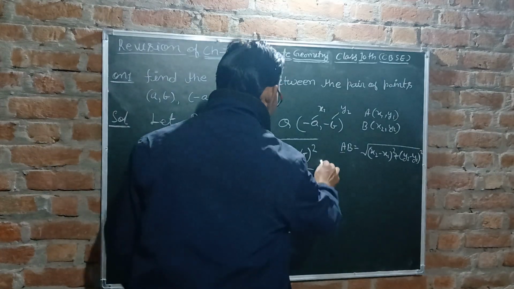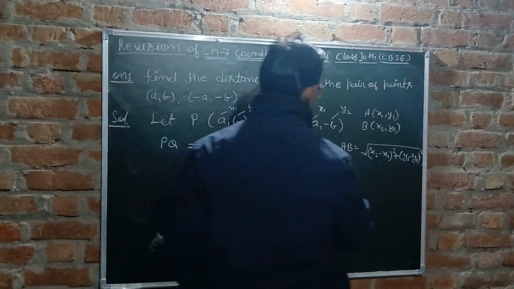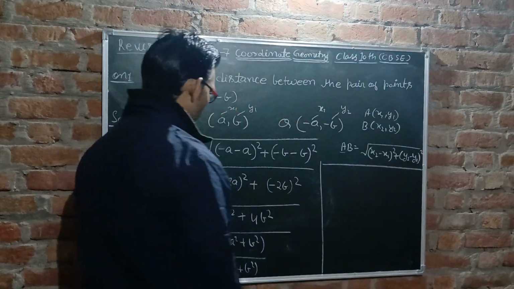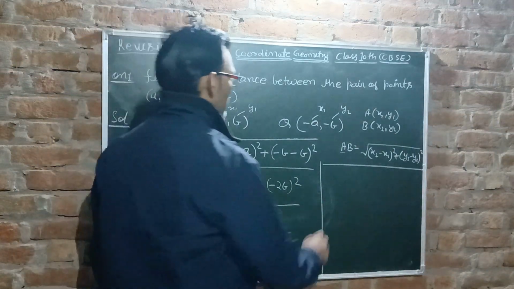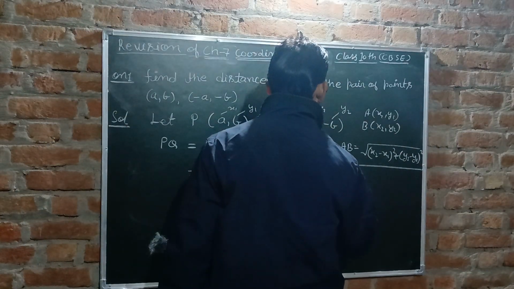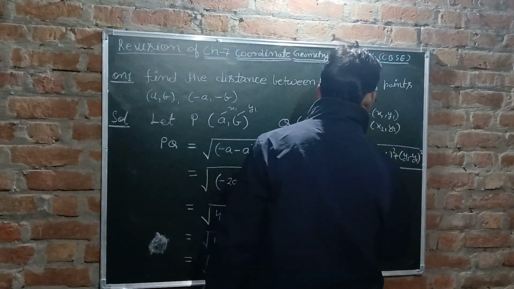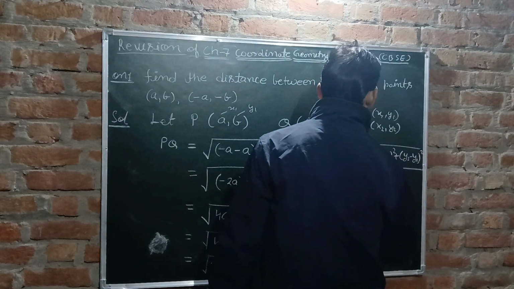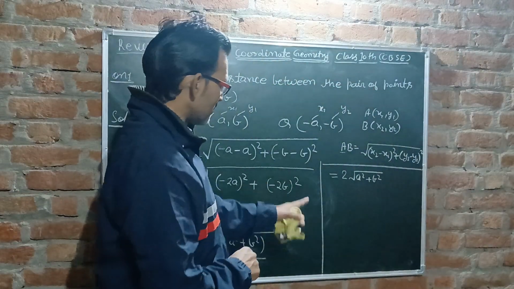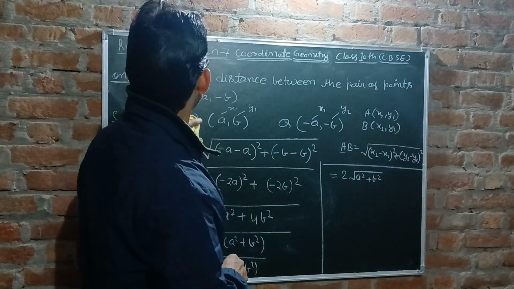So students, I will carry it here. See, this 2 will come out because this is a square root. So it equals 2 under root a square plus b square. This is our answer for the question.